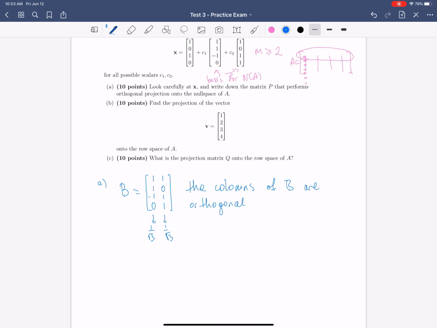So if I were to actually write not this matrix, but the matrix that has 1 over root 3 in front of it, then I could say that the columns of B are not only orthogonal, but they're actually orthonormal.